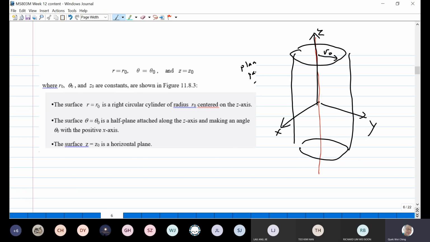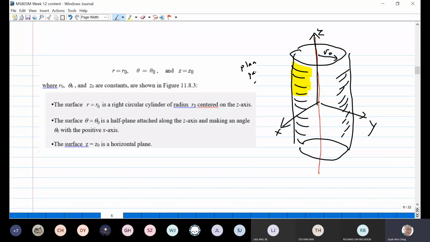In this case, everything on the surface is distance r0 away. Okay, so this is what you get.